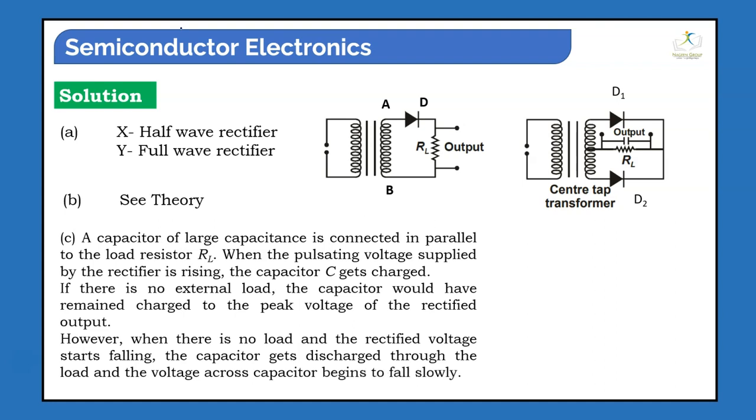If there is no external load, the capacitor would remain charged to the peak voltage of the rectified output. However, when the rectified voltage starts falling, the capacitor gets discharged through the load and the voltage across the capacitor begins to fall slowly.